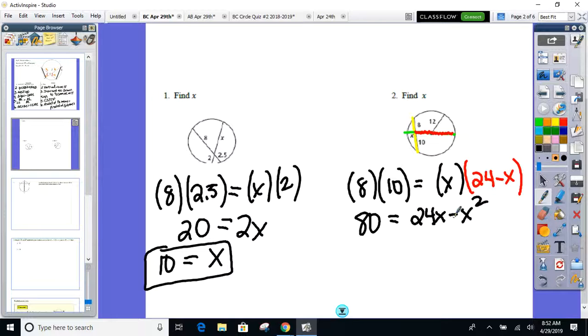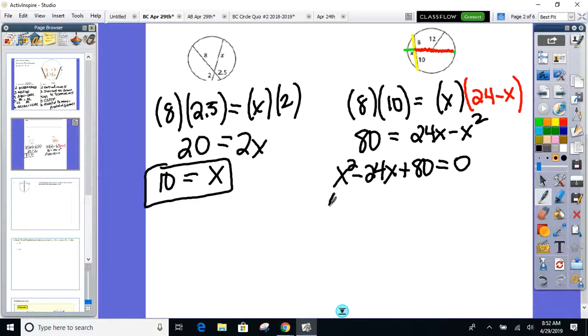So I'm going to move the 24x and the x squared over here. So x squared minus 24x plus 80. I don't have time to break out the old quad formula. What are your two numbers going to do right now? These two magic numbers. Multiply to 80 and add to negative 24.